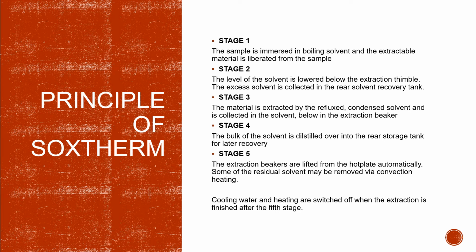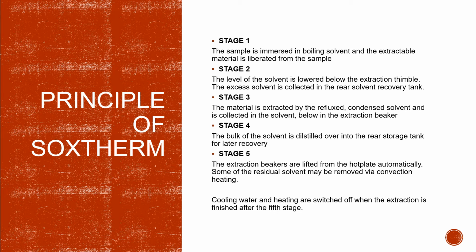By using the SoxStem, we will go through 5 stages. For the first stage, the sample is immersed in the boiling solvent, and the extractable material is liberated from the sample. After that, for stage 2, the level of the solvent is lowered below the extraction thimble.